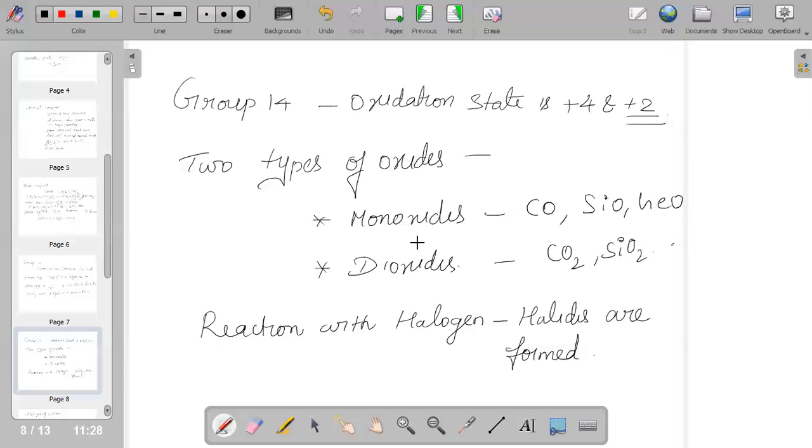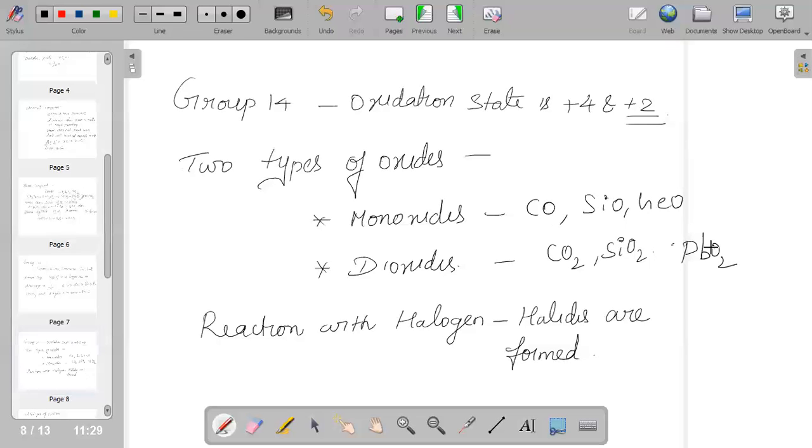Among the monoxides and dioxides, PbO2 is considered the strongest oxidizing agent. So if the question asks about group 14, CO is the strongest reducing agent and PbO2 is the strongest oxidizing agent. Each element has its own criteria of reacting.